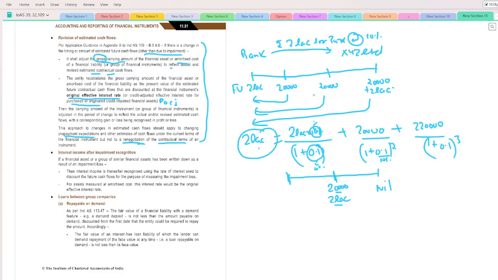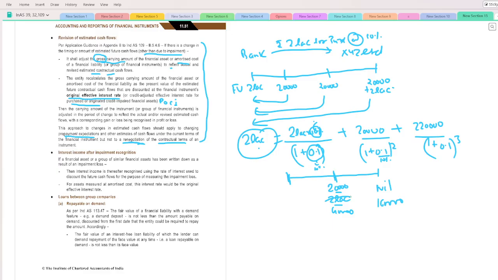I was saying that instead of 2 lakh here, maybe they are prepaying some principal amount here, say 40,000, and the remaining 1,60,000 here.